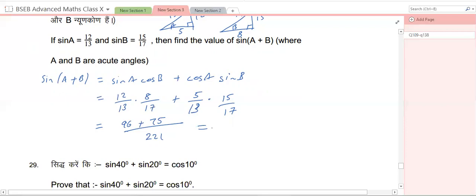So 96 plus 75 is 171 over 221. Leave your answer in this form because you cannot simplify further.